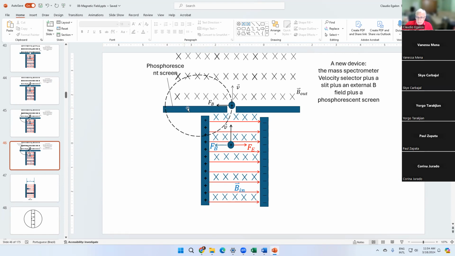And then you can go ahead and measure this distance here. That's going to be the diameter of the orbit of the particle. And we can find out the charge to mass ratio. Okay, and let's see how we can find that out.